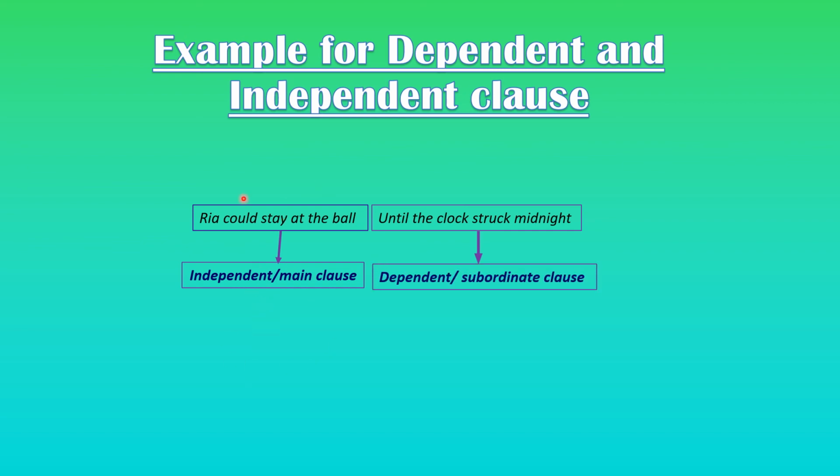Now we will go to the complete example. Ria could stay at the ball means she could stay anytime. Until the clock struck midnight is dependent. If both are combined, then we get a full meaning. The first conveys a meaning, but the second does not.